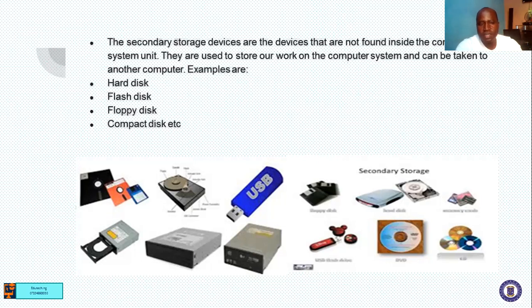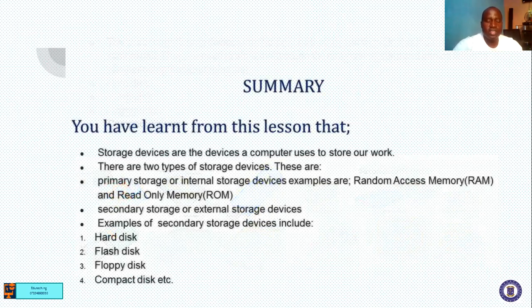Then we have the compact disc, which is a round and shining object that we call a CD plate. It is a CD, but some people used to make the mistake of calling it a cassette, but it's not a cassette. It is a compact disc, that is CD. So these are the secondary storage devices.